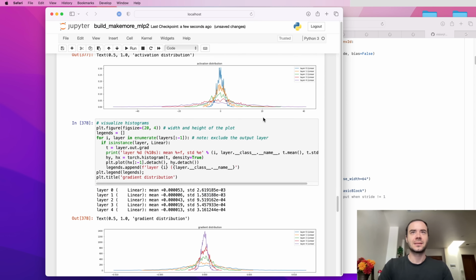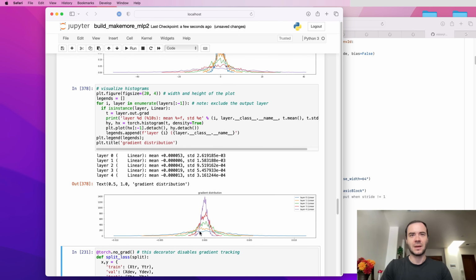So what we're seeing is the activations started out on the blue and have, by layer 4, become very diffuse. So what's happening to the activations is this. And with the gradients on the top layer, the gradient statistics are the purple, and then they diminish as you go down deeper in the layers.